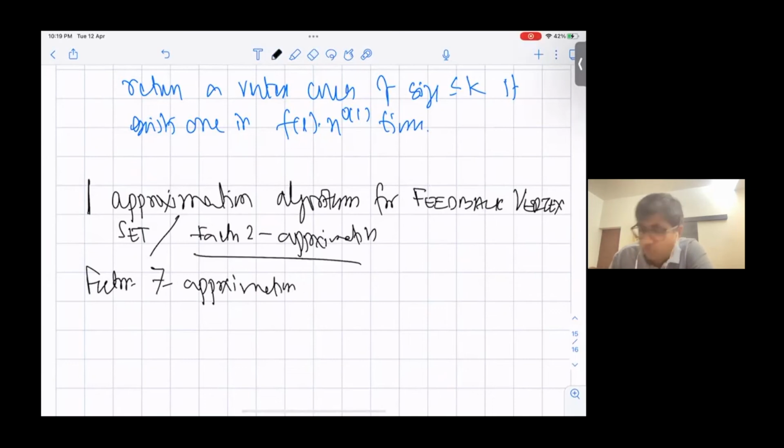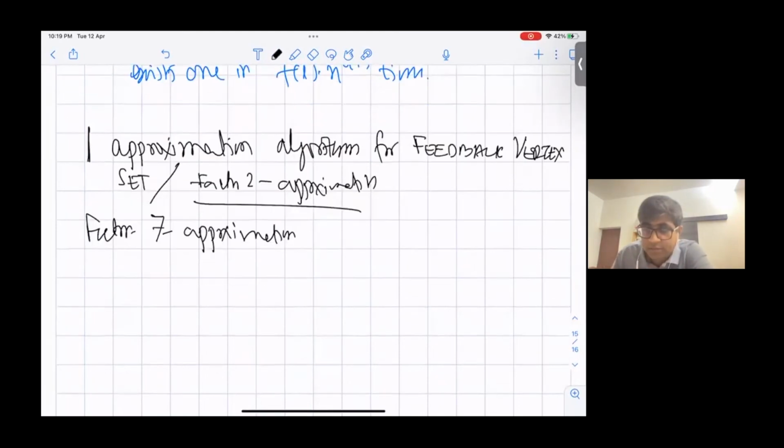So what will the running time be? We can compute the factor 2 approximation in n^O(1), and then it will run in time 4^L n^O(1). We can compute vertex cover in this, right?